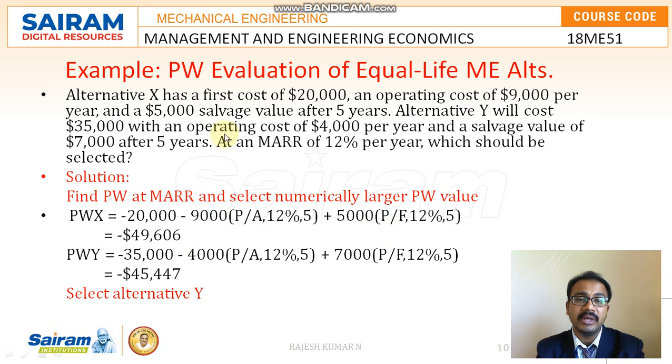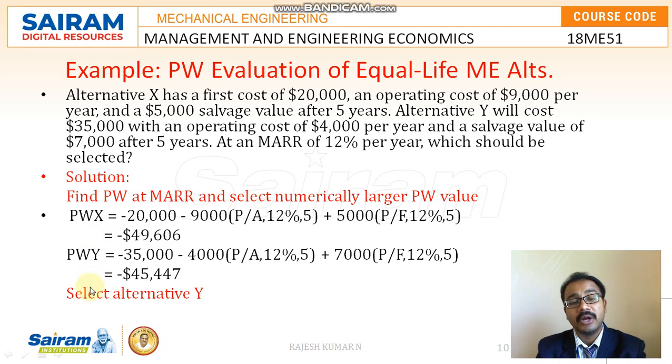And salvage is something I will be getting as a benefit after selling the particular product after 5 years. You can see this 9,000 per year at 12% interest for the 5 years I need to spend, because this is per year, and this particular salvage value is again at 12% interest for 5 years. The value I will be getting is 49,606 for the X alternative.